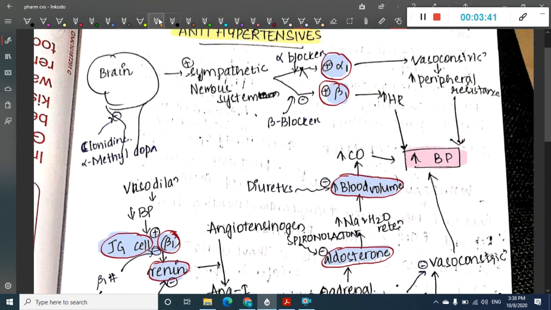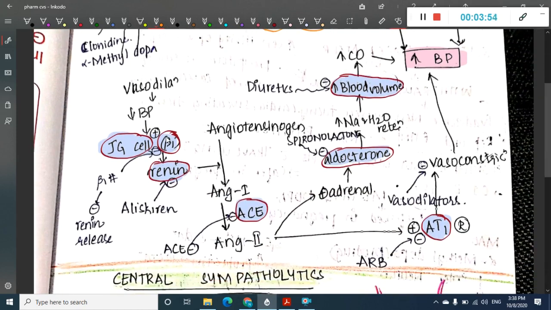So what are the drugs which act here? These alpha receptors can be blocked by alpha blockers. These beta receptors can be blocked by beta blockers. The beta receptor in the JG cells can also be blocked by beta blockers. Then renin can be blocked by a drug called aliskiren.